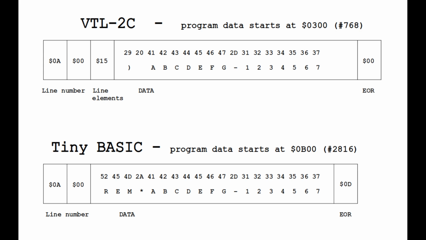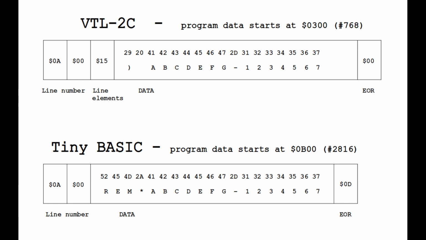I don't have to. It could be a different character. Doesn't matter, really. And then I got my data and an end of record marker, which in this case is 0D, a carriage return.